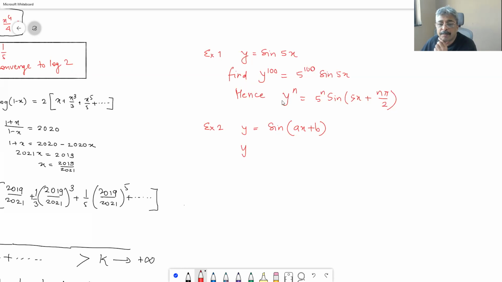Now, instead of writing the nth derivative as y raised to n, many times you will find it written as y n is equal to. That also means the nth derivative. In the text of the question you have to read properly and understand the notation. So find the nth derivative of sine ax plus b.